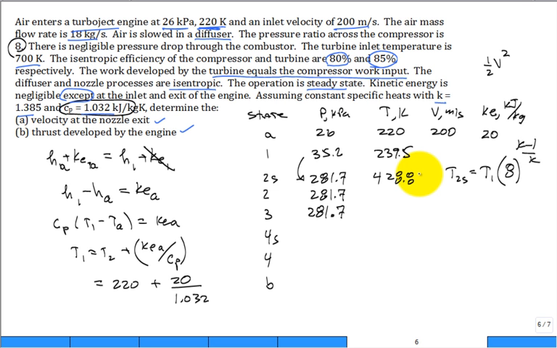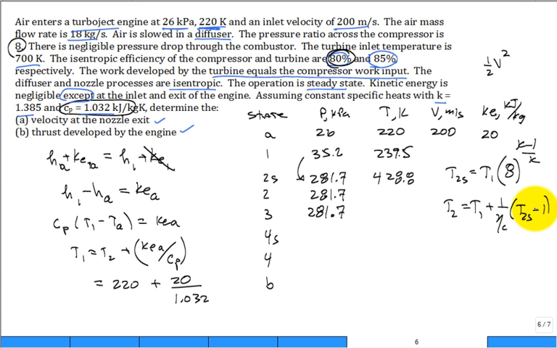But that's if it's isentropic. I have some isentropic efficiency of 80% for the compressor, so it'll be a little higher. And so the temperature 2 actual is temperature 1 plus 1 over the isentropic efficiency of the compressor times (temperature 2 isentropic minus temperature 1). I think we've done that a number of times.